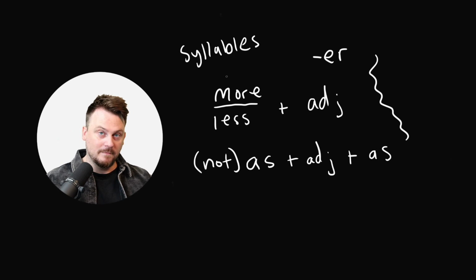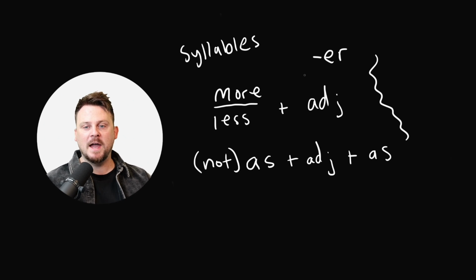Now we're talking about adjectives here. So 3-syllable adjectives, 2-syllable adjectives, 1-syllable adjectives. If you have a 1-syllable adjective, then you're going to use er. So a 1-syllable adjective would be something like fast. Fast is an adjective, add er.